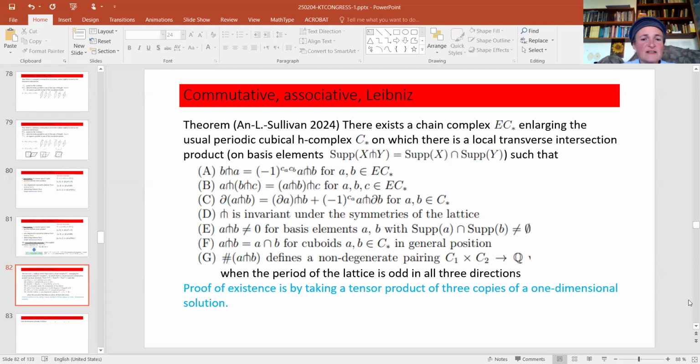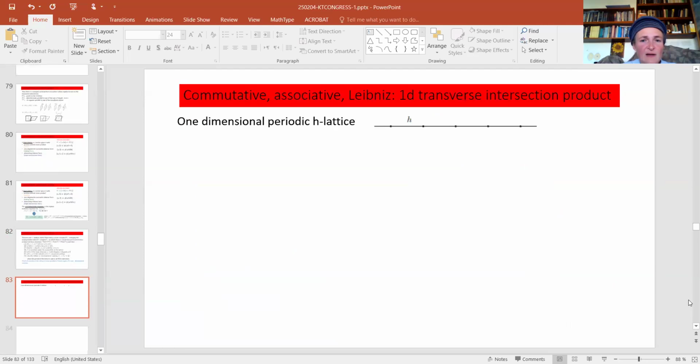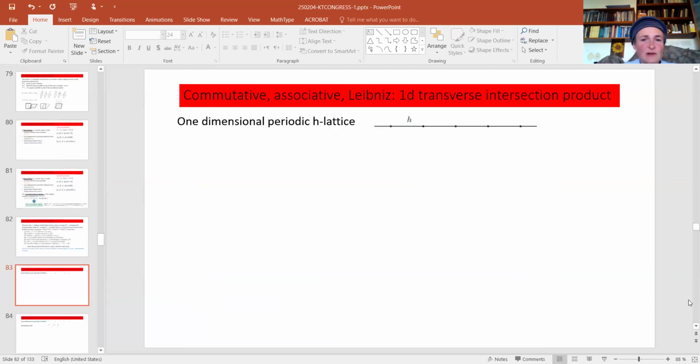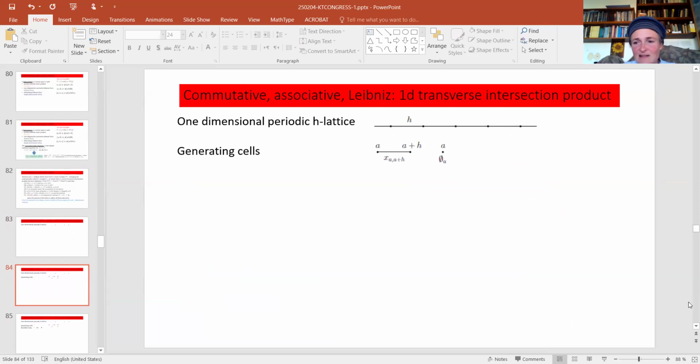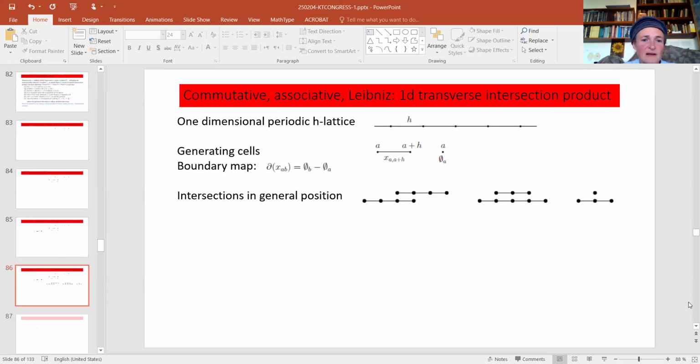So, how do we prove this theorem? Well, actually, very simply, the proof of existence is by taking a tensor product of three copies of the one-dimensional solution. So on a circle, a one-dimensional periodic lattice, you can very easily check the generators: you only have 0 dimension, 1 dimension, and the boundary map.